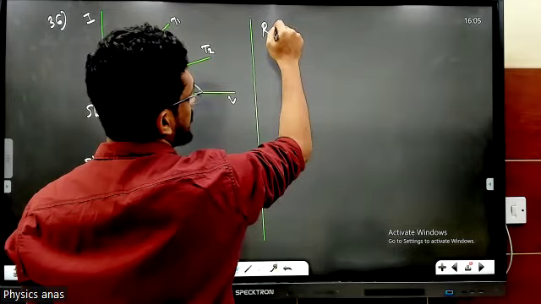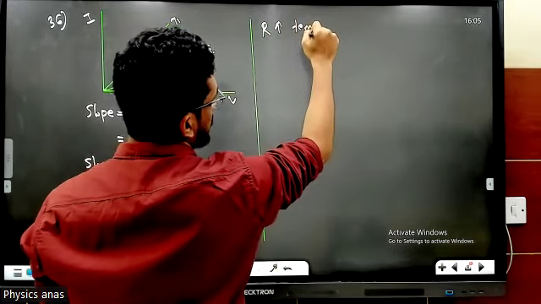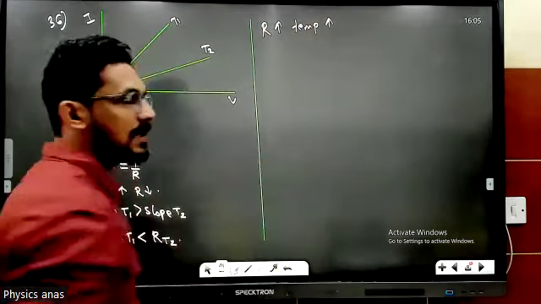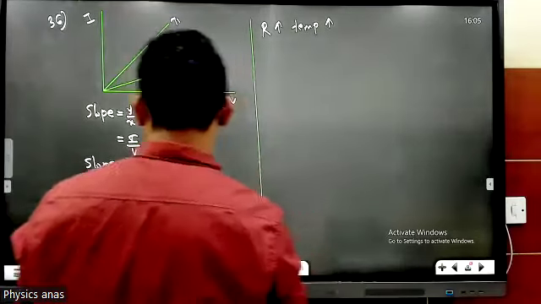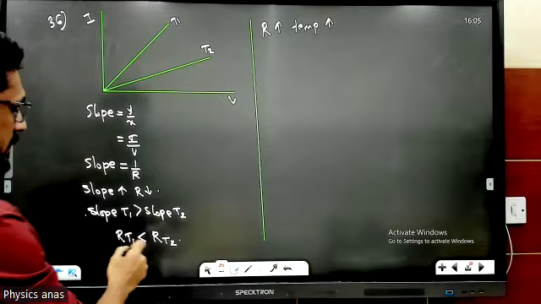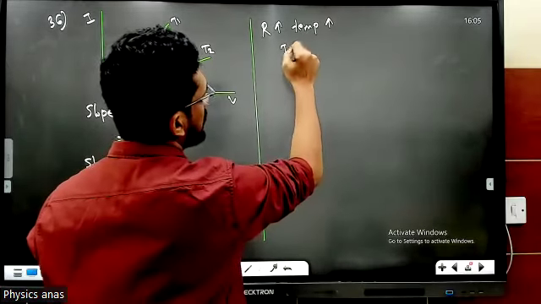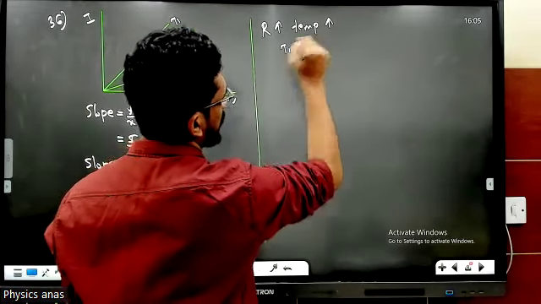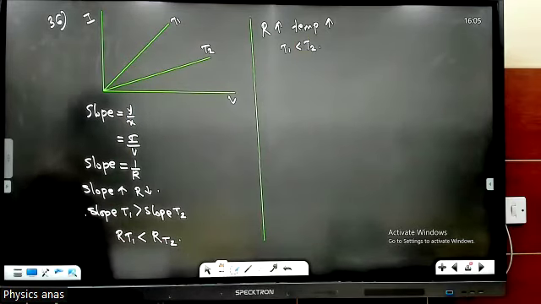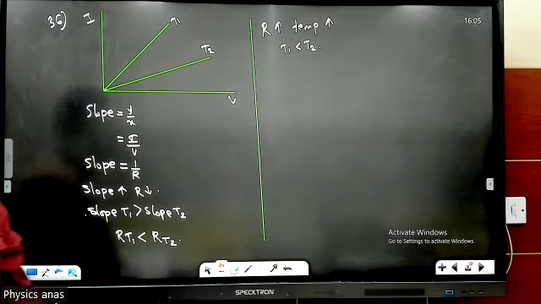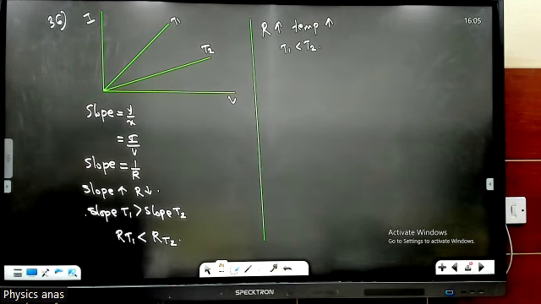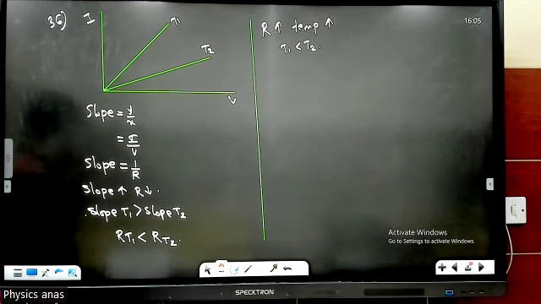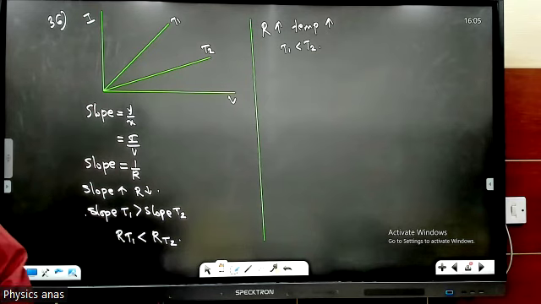As resistance increases, temperature will increase. When the resistance is high, temperature will be high. So T1 will be less than T2, and T2 will be the greater temperature.